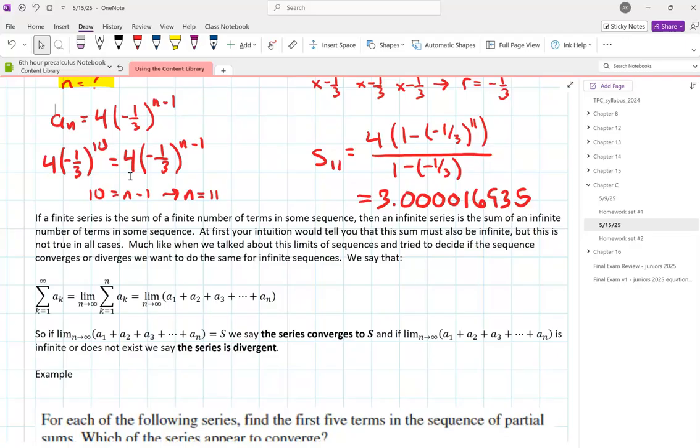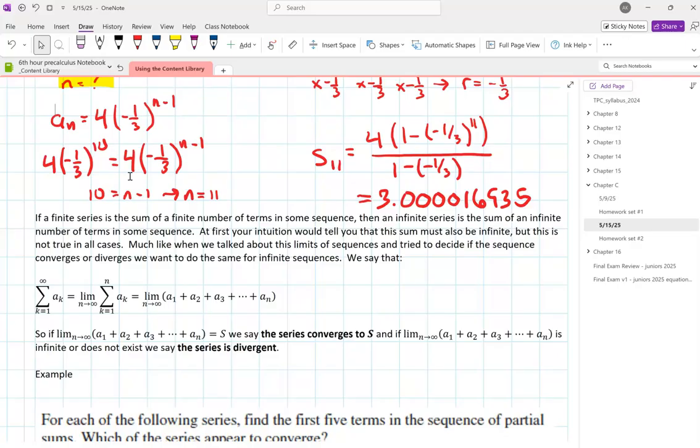The first partial sum would be the sum of the first one term. The second partial sum would be the sum of the first two terms, and then the first three terms, the first four terms, and the first five terms. Each of those partial sums becomes a term in a sequence, and we can basically treat this problem as finding the limit of a sequence, like we did in the previous lesson.